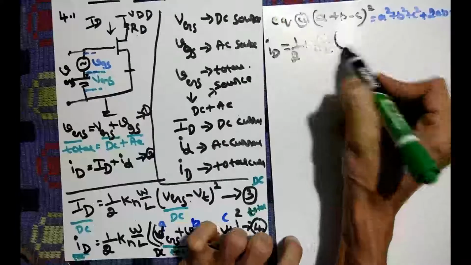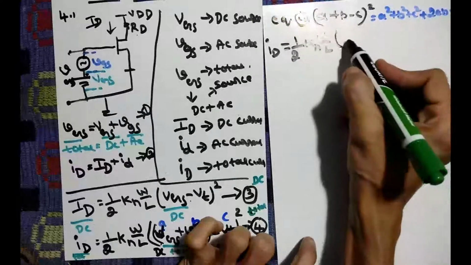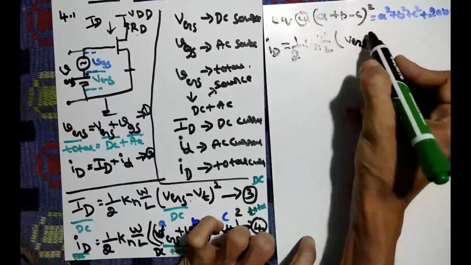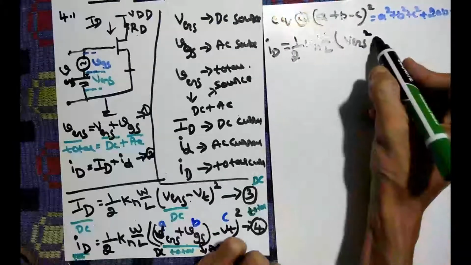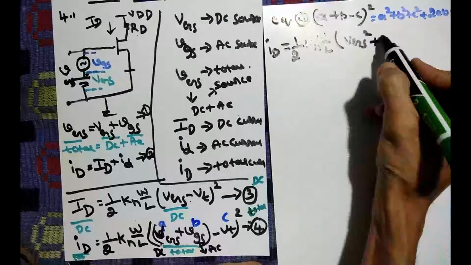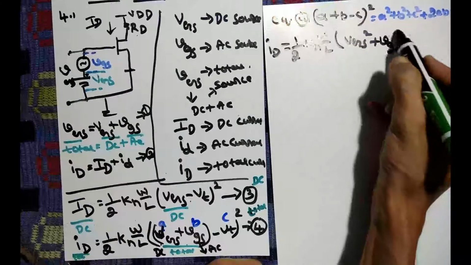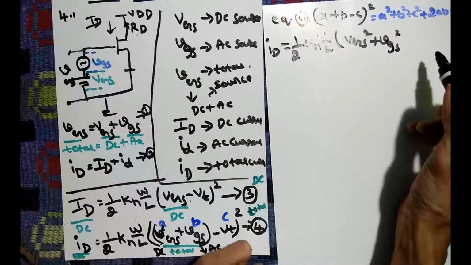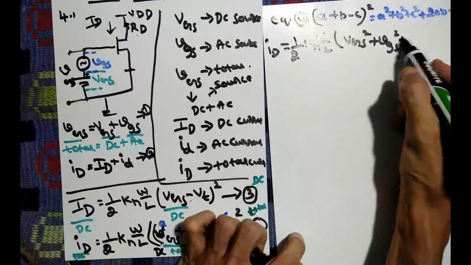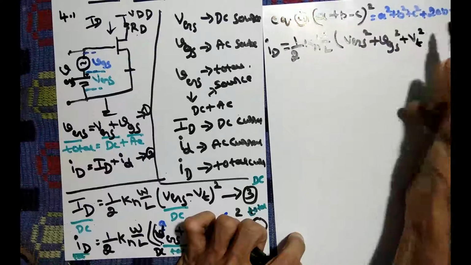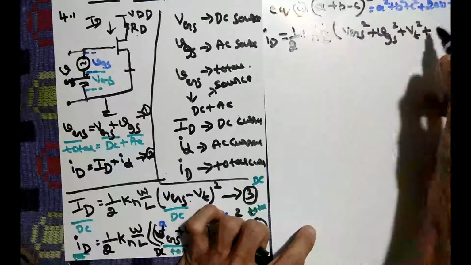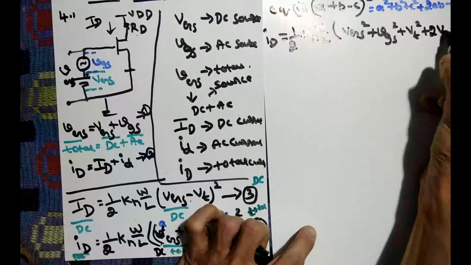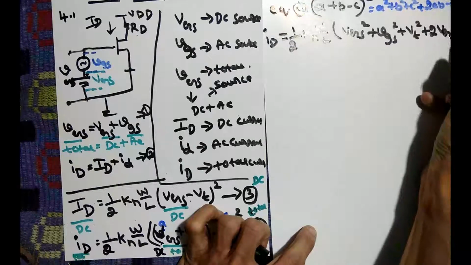Now we can apply the formula. So we get VGS square, which is A square, plus B square, which is small vgs square, then C square, which is VT square. Then we have plus 2AB, which is 2 VGS into small vgs.